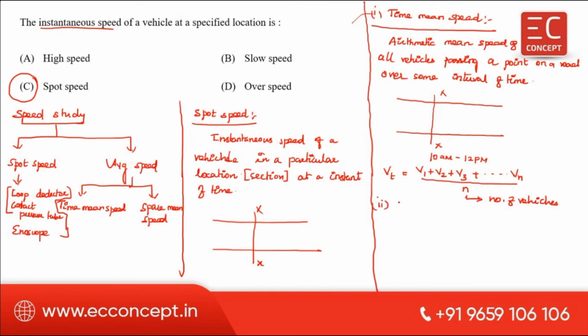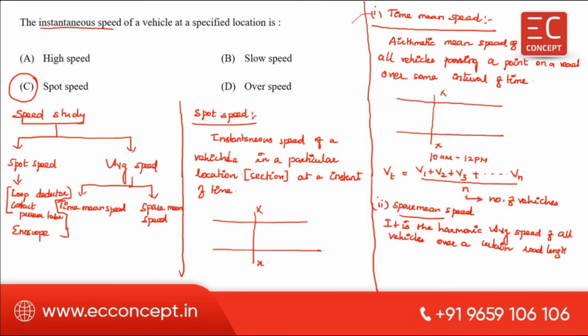The second one is space mean speed. It is the harmonic mean, the harmonic average speed of all vehicles over a certain road length over some interval of time.